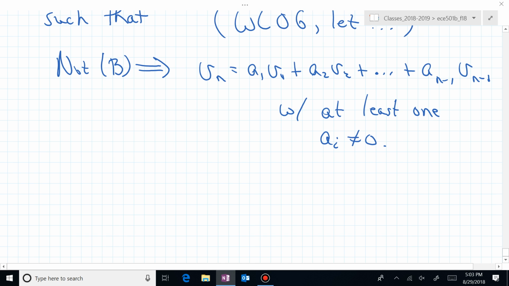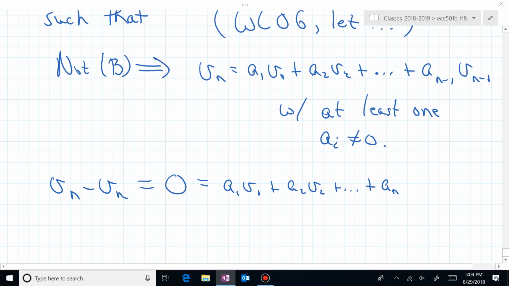What if I take away V sub n from both sides of this equality? What if I now say V sub n minus V sub n on the left? What's that give me? That gives me 0. What do I have on the right? Well, I have A1 V1 plus A sub 2 V2 plus A sub n minus 1 V sub n minus 1 minus V sub n.